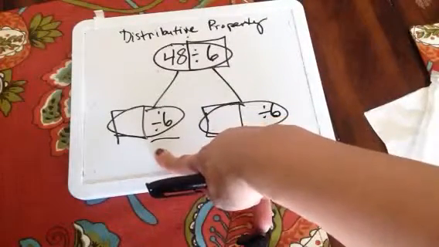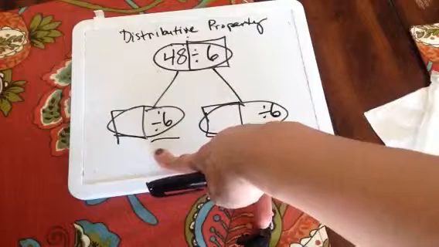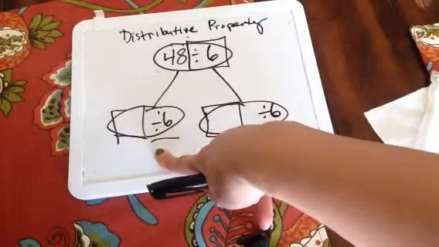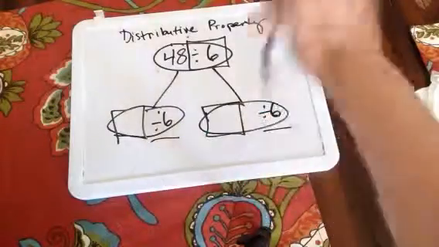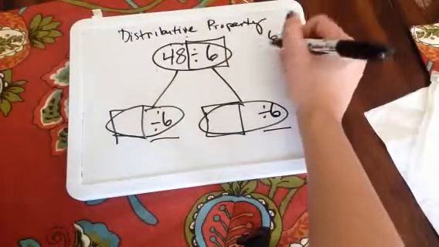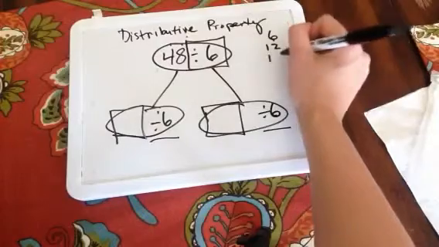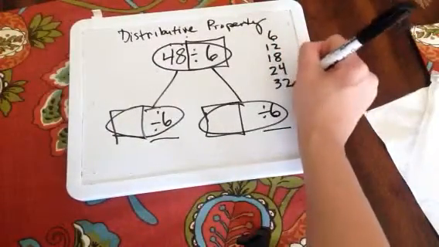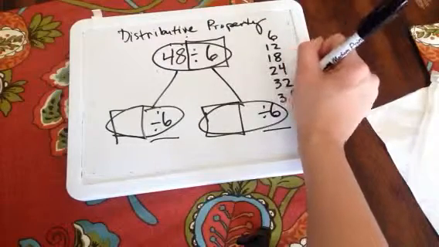So an easy way to figure out what numbers you can divide by 6 is to count up by 6. You're going to find the multiples of 6. Okay, so 6, 12, 18, 24, 32, 38. Wait a minute.